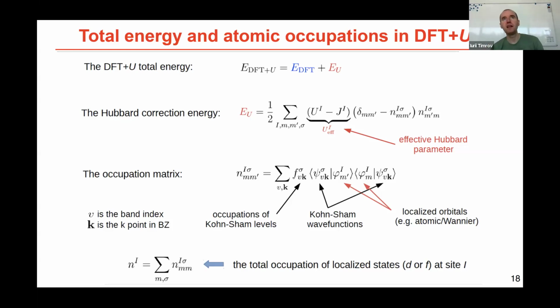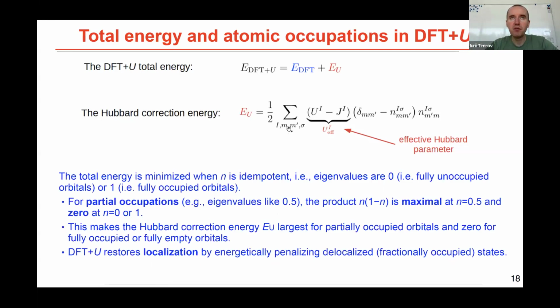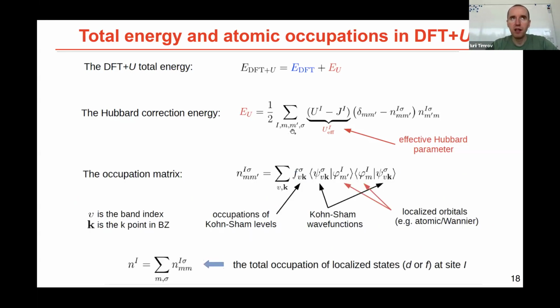So let's say in 3D states, we have d electrons, so the orbital quantum number is 2, and magnetic quantum numbers can be +2, +1, 0, -1, -2. So there are 5 magnetic quantum numbers. M and M prime can be from -2 to +2, and there are 5 of them.